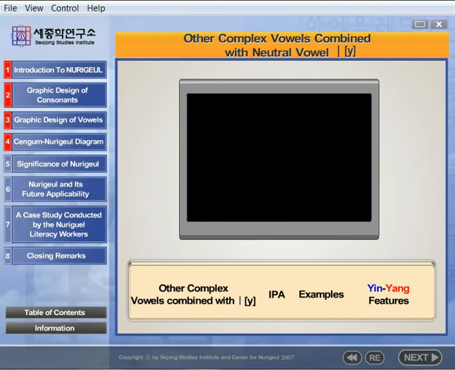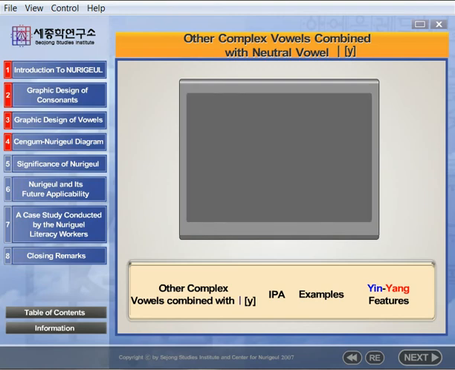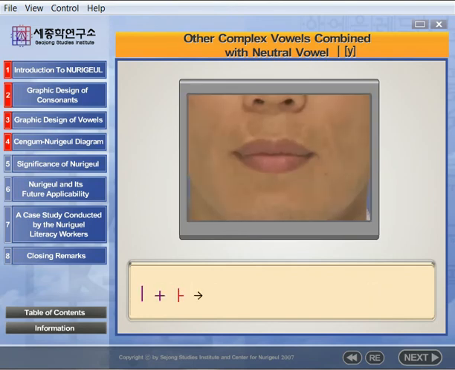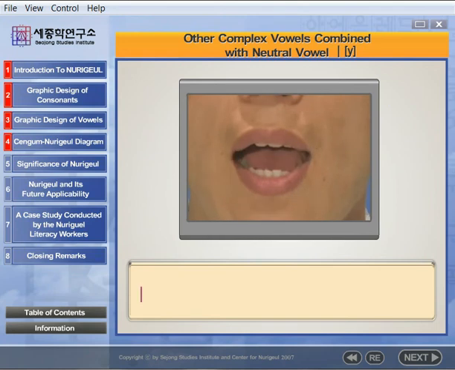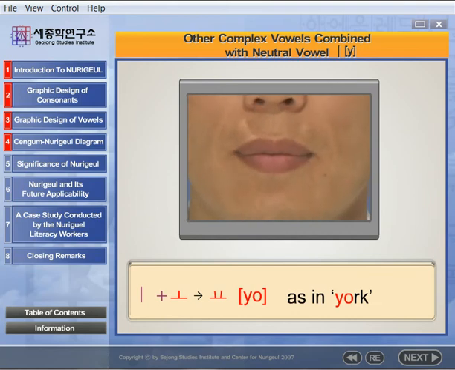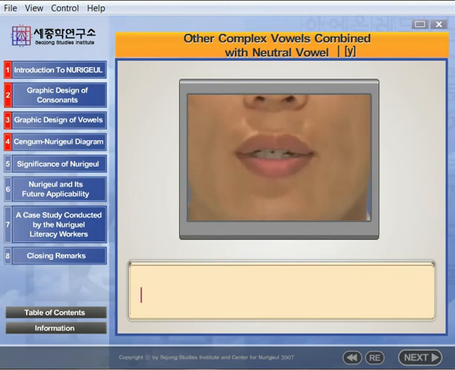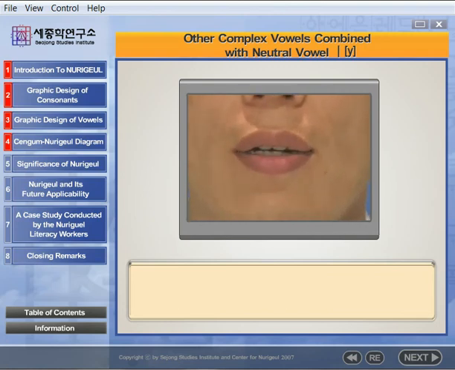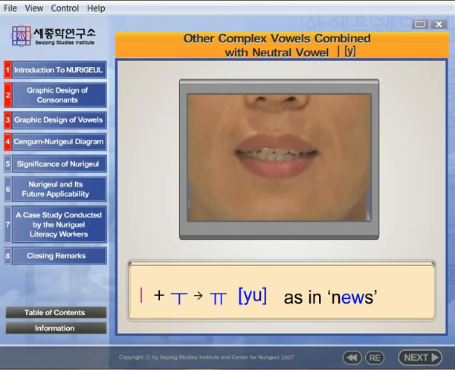The demonstrations of labial shapes for the production of the complex vowels are shown along with the pronunciation of the complex vowels. 이 plus 아 makes 야, as in yacht. 이 plus 오 makes 요, as in York. 이 plus 어 makes 여, as in yarn. 이 plus 우 makes 유, as in news.